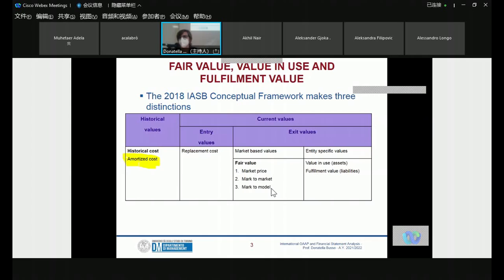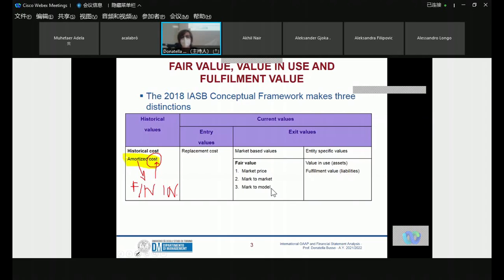Amortized cost, pay attention, is not used for tangible and intangible assets. Amortized cost is used for financial instruments. And we will discuss it at the end of the next week. But at the end, also the amortized cost, the basis is the cost paid by the company.